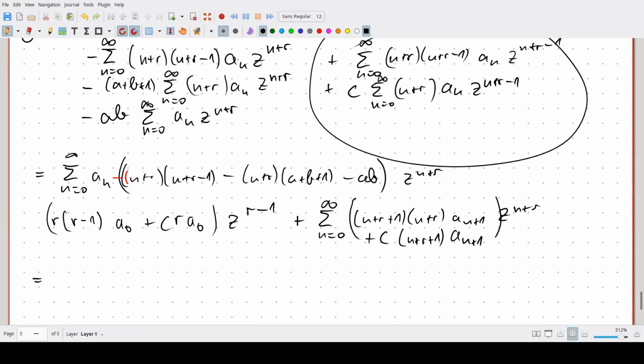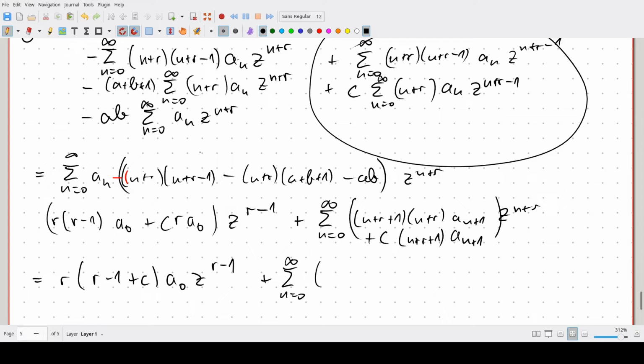So pulling all of this together, we get r times r minus 1 plus c, a naught, z to the r minus 1, and then a giant sum.